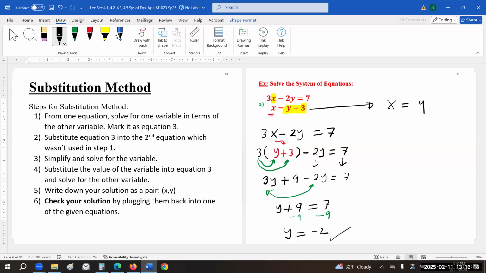So x equals y plus 3. And you're so smart, we already know that our y is negative 2. So we are going to substitute the y with the negative 2.